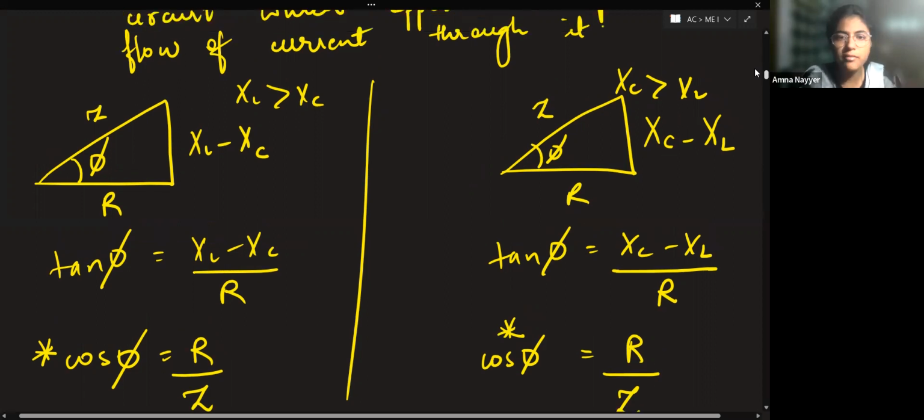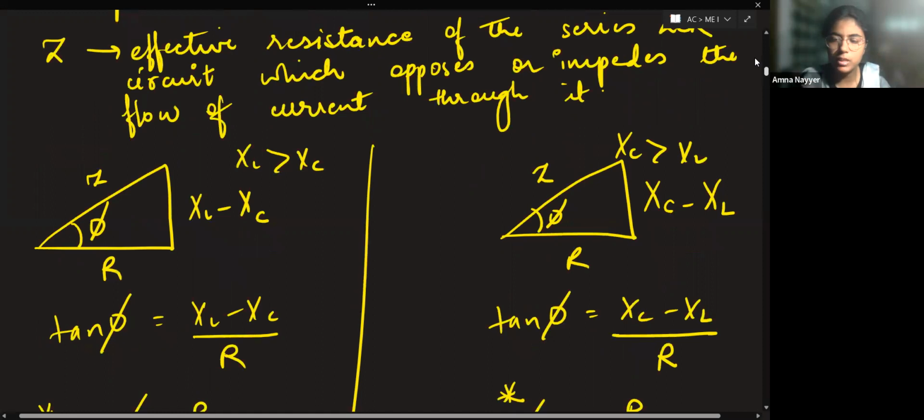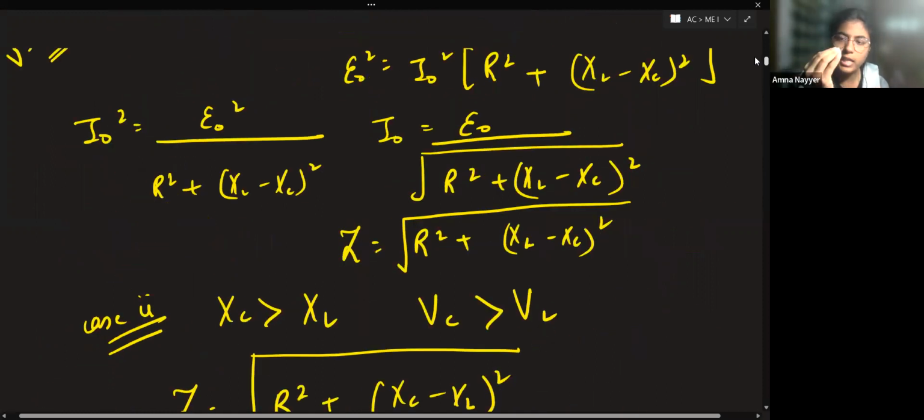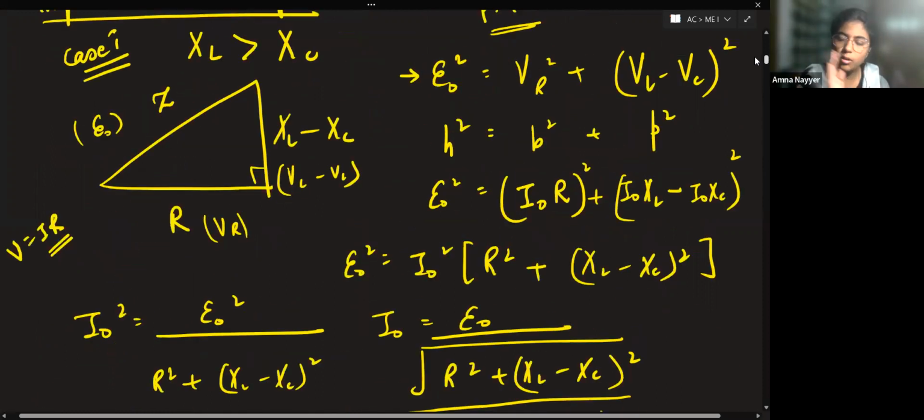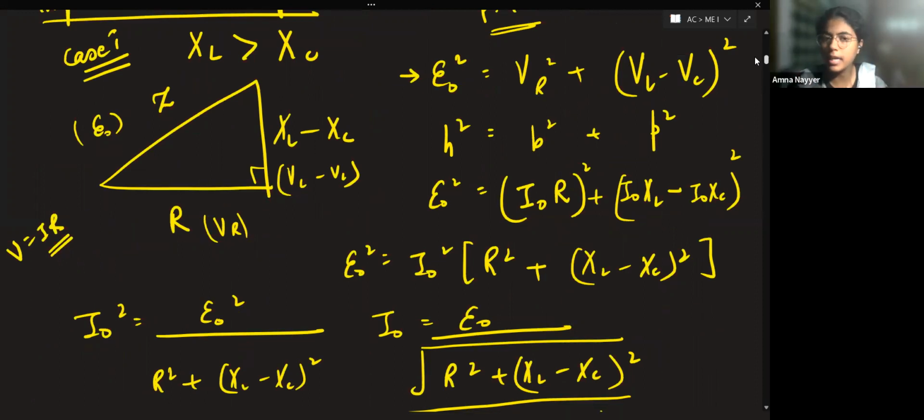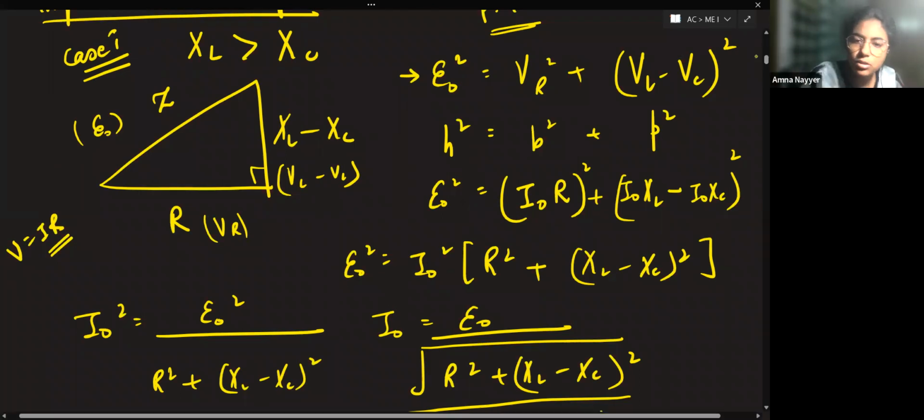Now, for the impedance derivation, we have just plotted a triangle. From there, what we have done, we have applied Pythagoras theorem. So now we have written the values of potential: I naught R whole square plus I naught XL minus I naught XC whole square. I naught square we have taken common, so we are left with this entire term. Now, I naught's value is obtained like this. This is like current is potential divided by resistance.